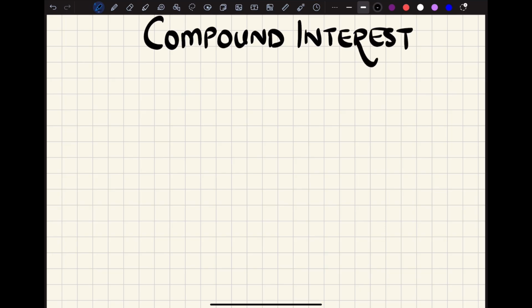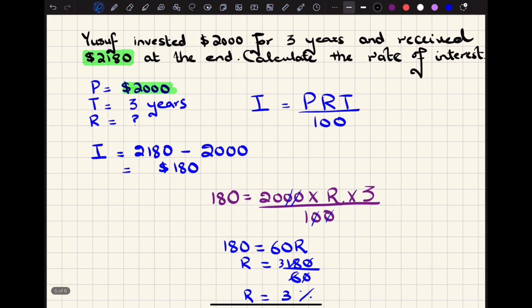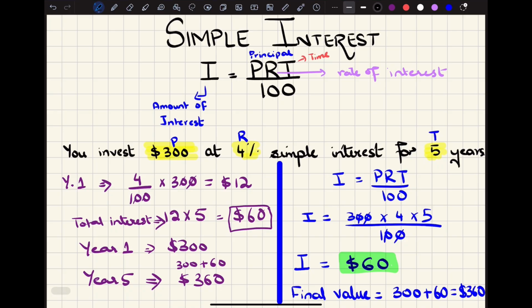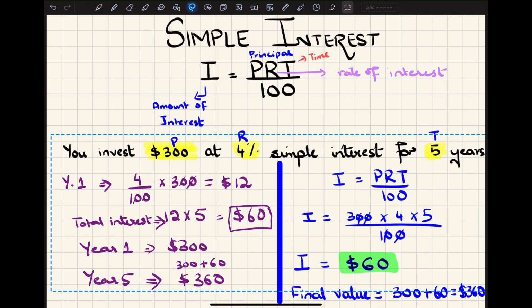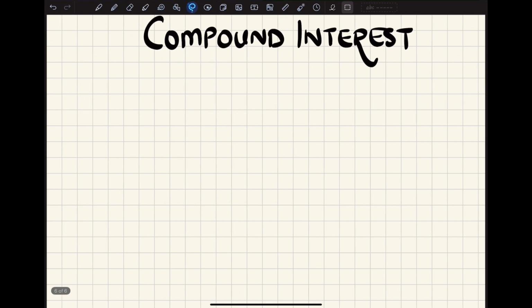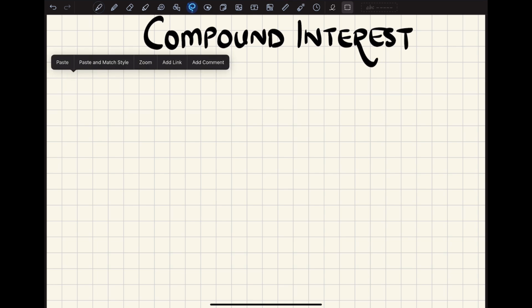So how is compound interest different from simple interest? Let's copy this example. So this is the example that we did, right? For simple interest. We're going to do it for compound interest so that we can compare.